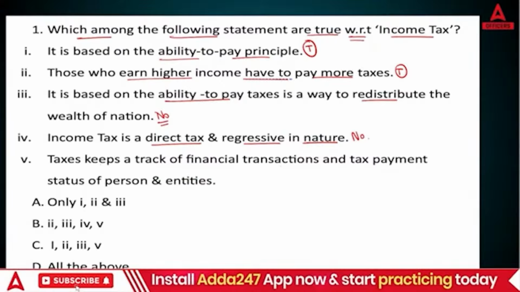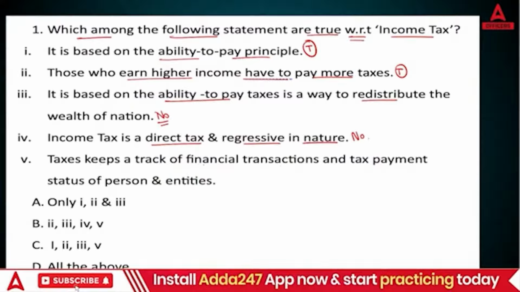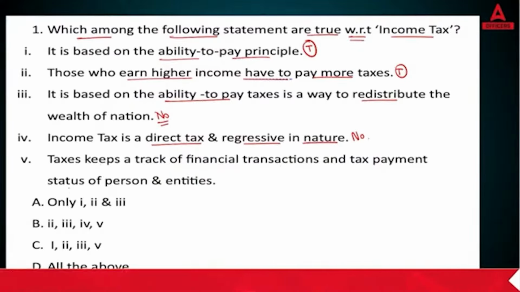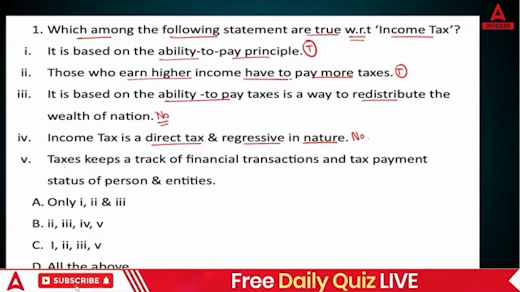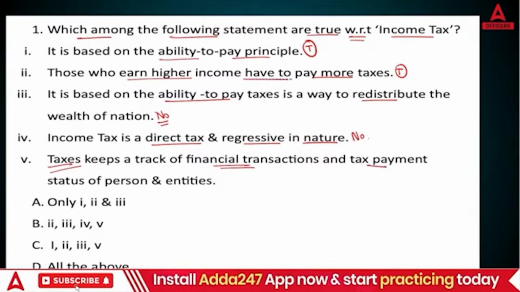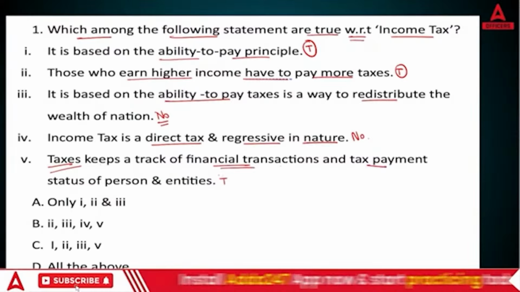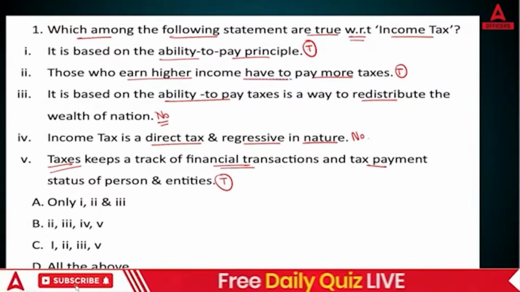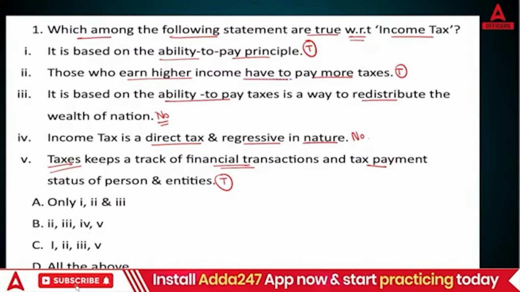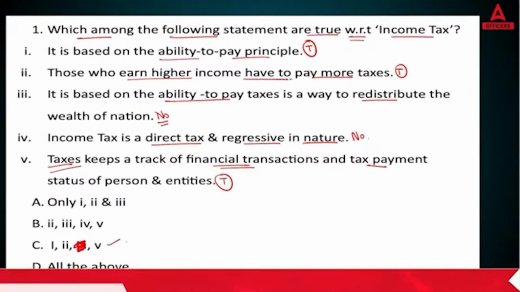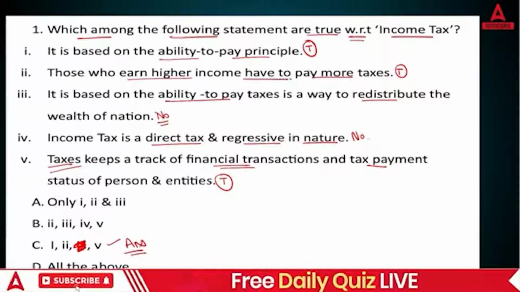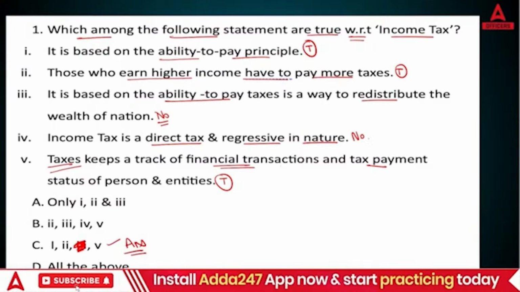Then, it keeps a track record of financial transactions and tax payment status of persons and entities. This is true. So the correct options are 1, 2 and 5. The right answer is answer C: 1, 2 and 5. Only these 3 options are correct. Okay, next.